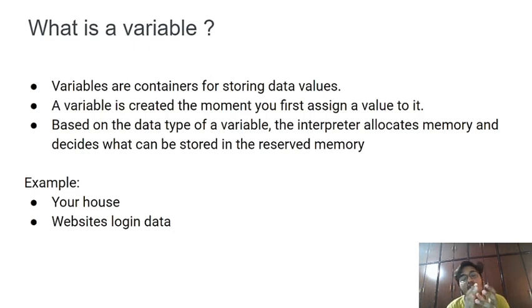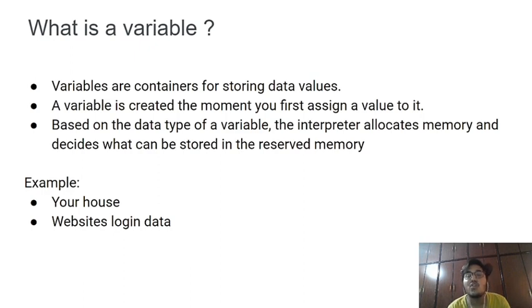In other programming languages like C, C++, Java, they are called static typed languages. If you want to use a variable, first you need to declare it, and after declaring it, you use it. Whereas Python is a dynamically typed language.